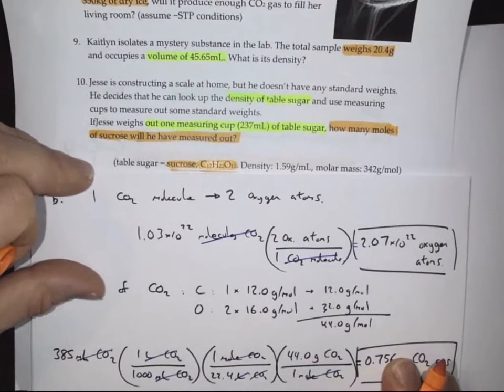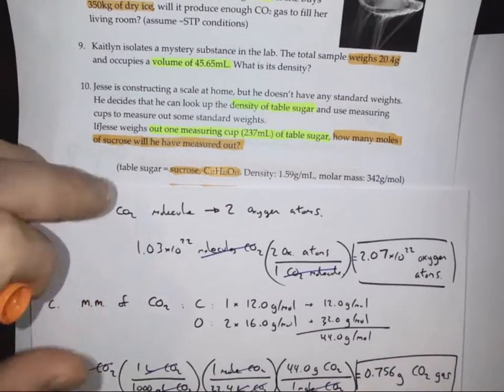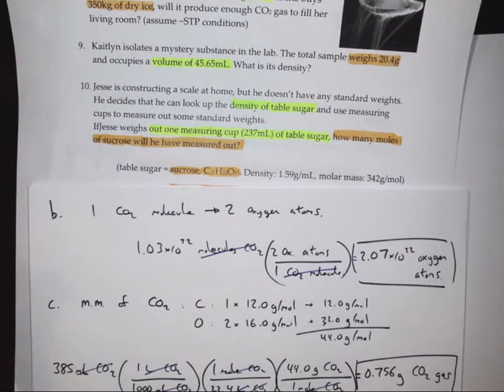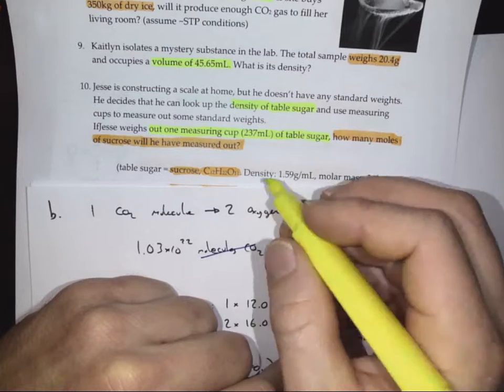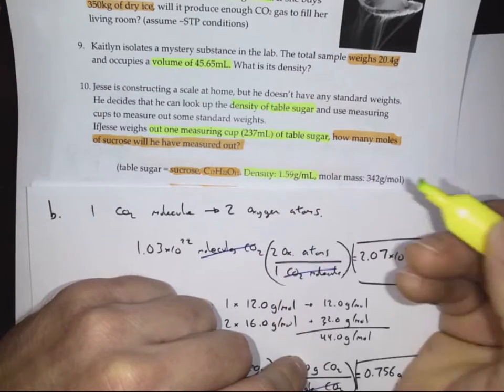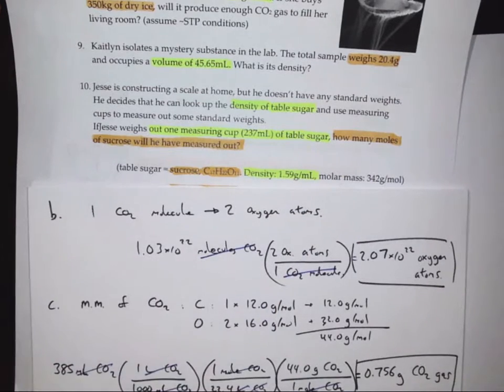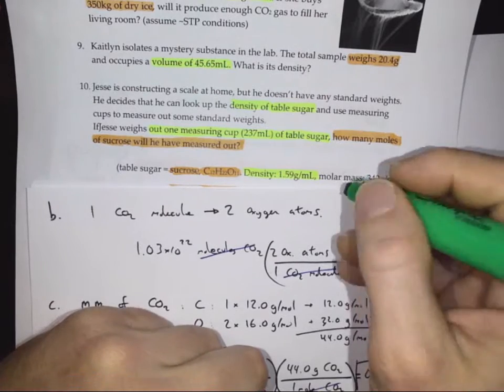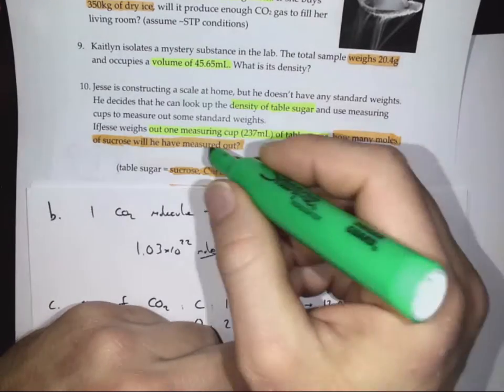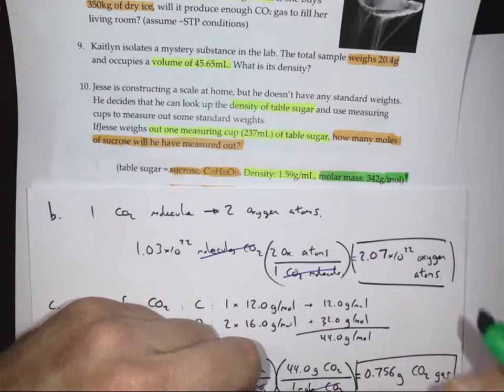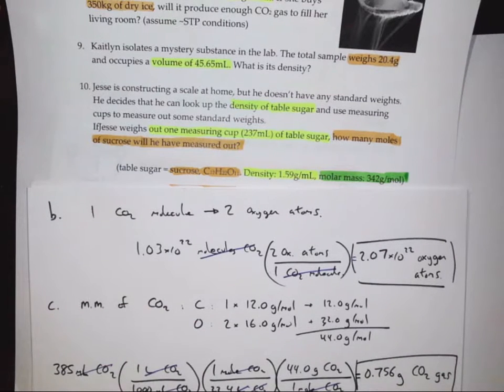And by highlighting it, it's kind of harder to read now. I think I'll use that yellow. It makes it a little bit less shiny. And we're told the density, and we're also told the molar mass, which is handy because it's kind of a pain to find the molar mass of some of these larger organic molecules like sucrose.